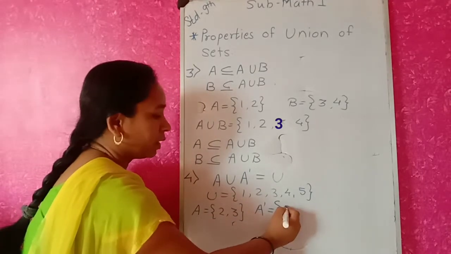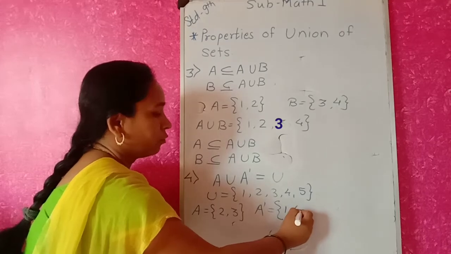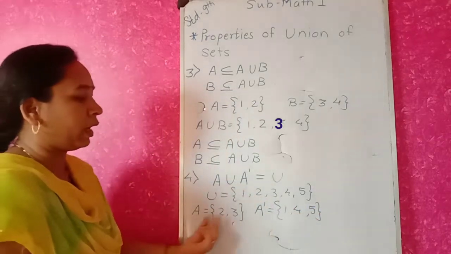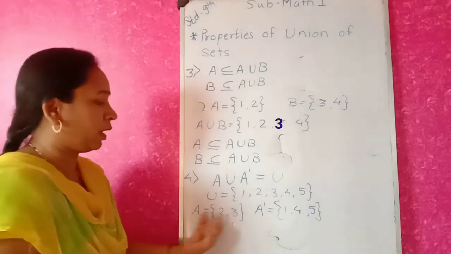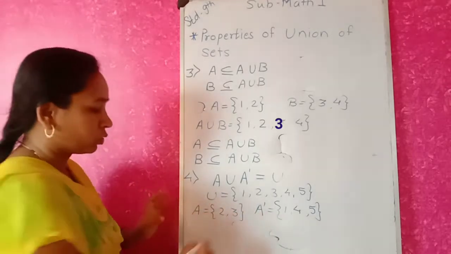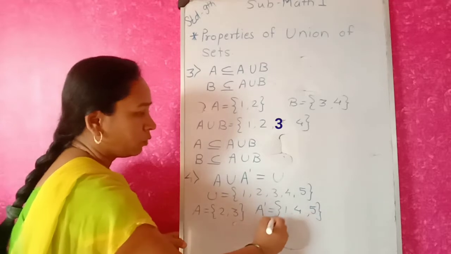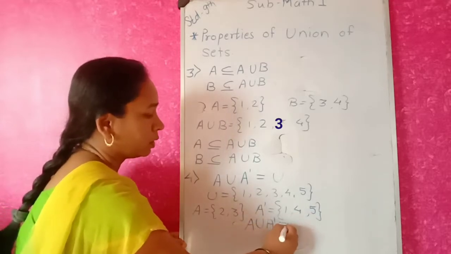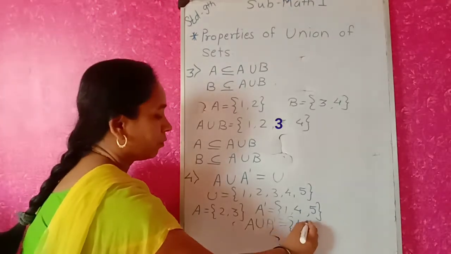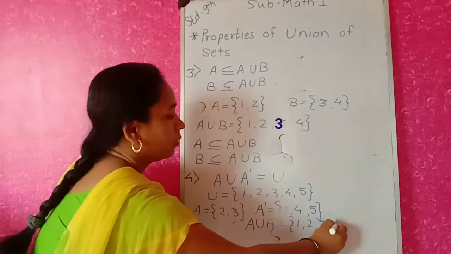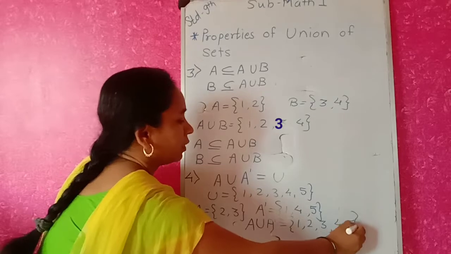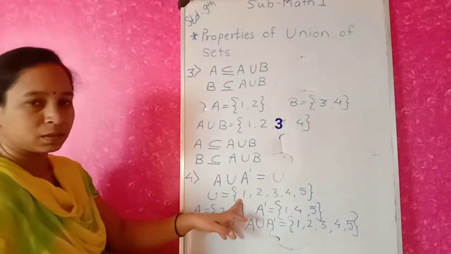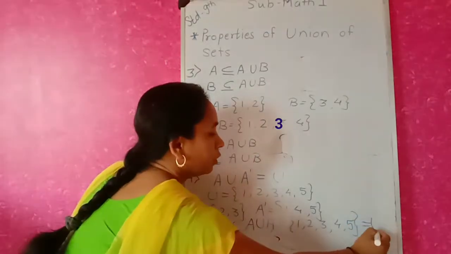So what are the left elements? 1, 4 and 5. And if you take A union A complement, what will I get? You will get 1, 2, 3, 4, 5. That means you can see all elements of the universal set, which is equal to U.